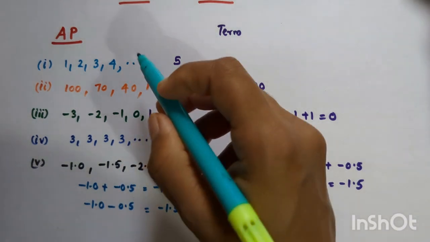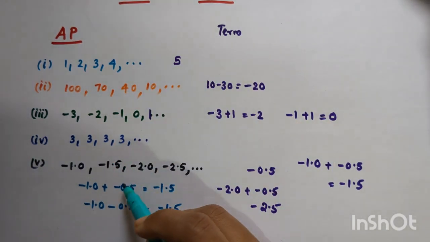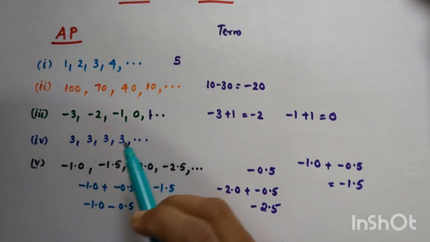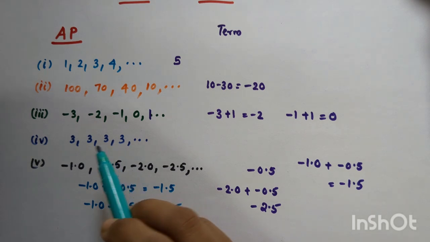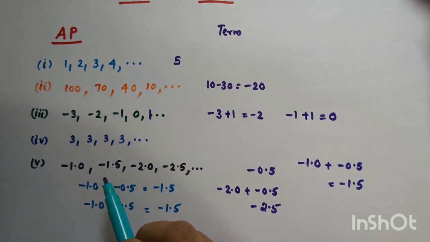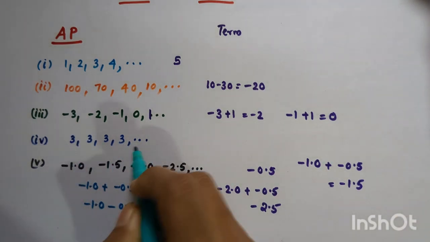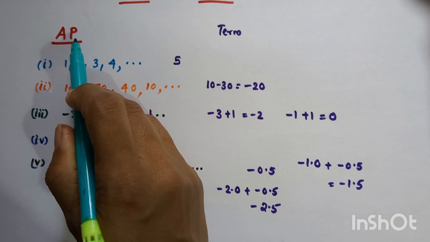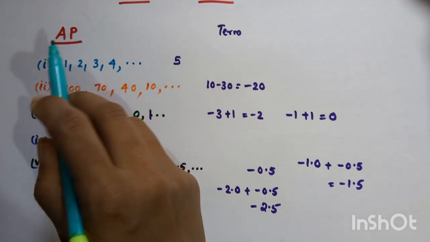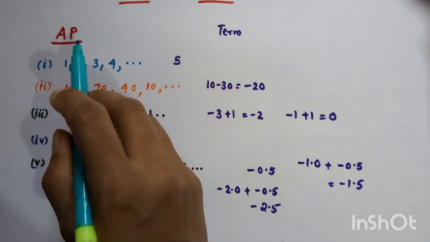So here in all the 5 lists of numbers, successive terms are obtained by adding a fixed number to the preceding terms. Such a list of numbers is said to form an arithmetic progression or AP. Arithmetic progression, its short form is AP.